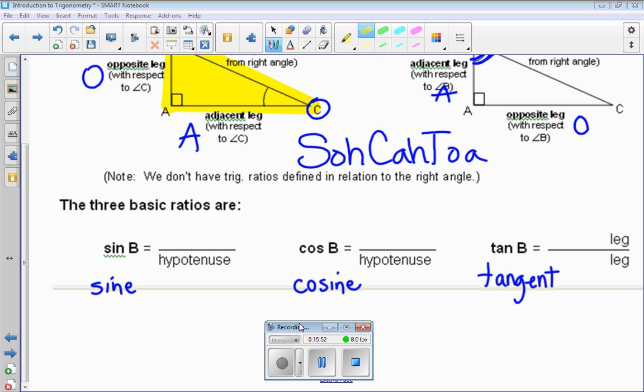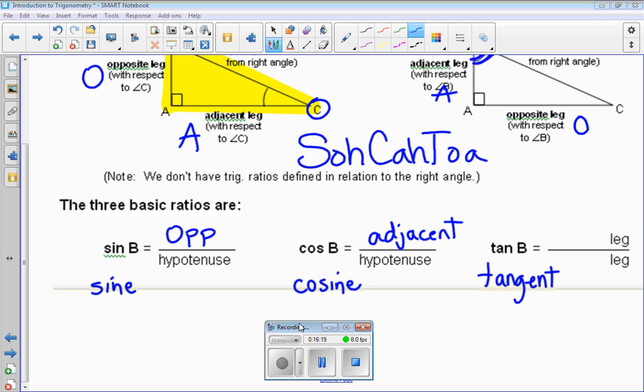What does this stand for? It is an acronym to help you remember the trig ratios. So, SOH stands for sine is the opposite over the hypotenuse. It's a ratio, it's a fraction. The sine is the opposite over the hypotenuse. What do you think the cosine is going to be? The adjacent over the hypotenuse.